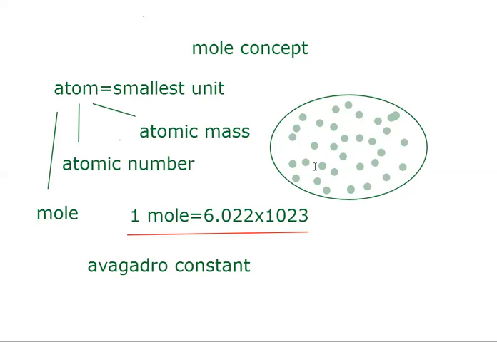So, since it was devised by the scientist Avogadro, it got its name as the Avogadro constant. The difference between atomic mass and a mole is that, although there is a relation between the two concepts, the mole is constant for each and every atom, whereas the atomic mass varies from one element to the other.